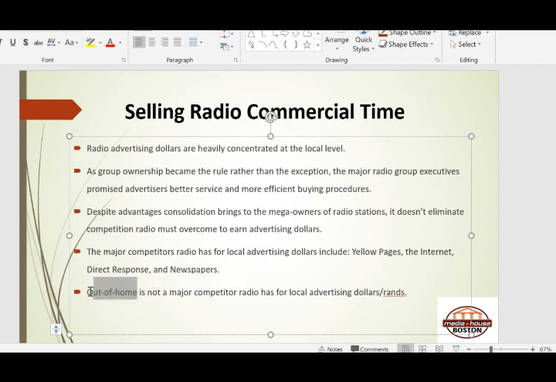Out of home is a very common media term. If you see it anywhere, it'll be OOH because it stands for out of home, but they won't say out of home, they'll say OOH. So you need to know what out of home is.